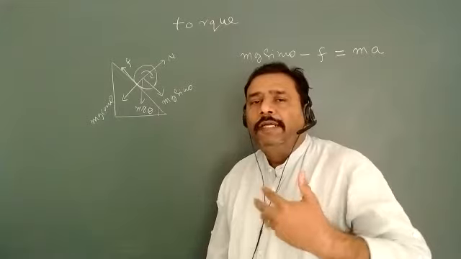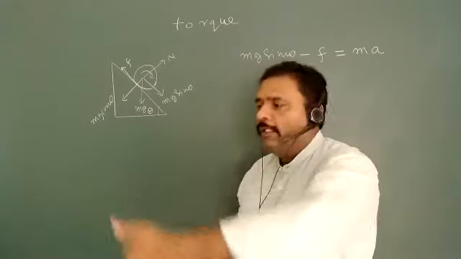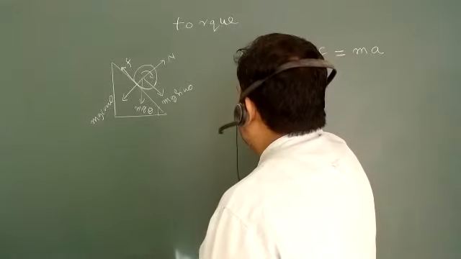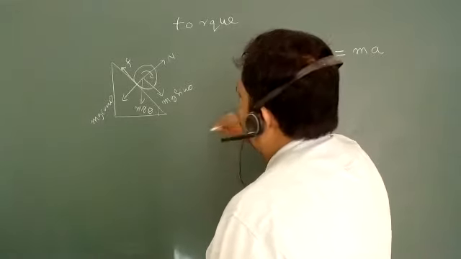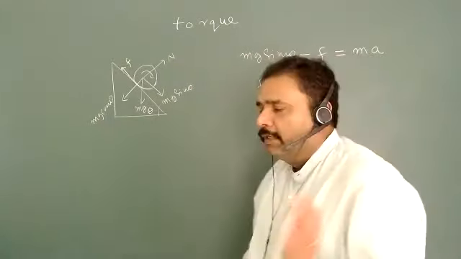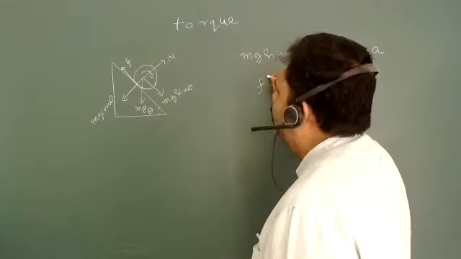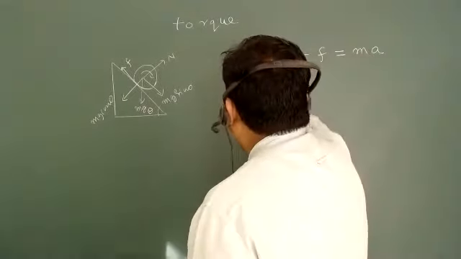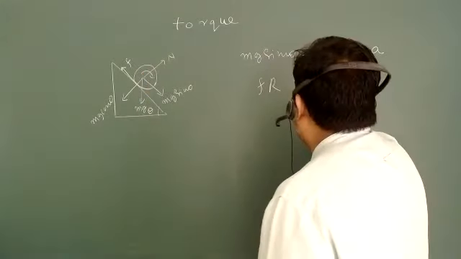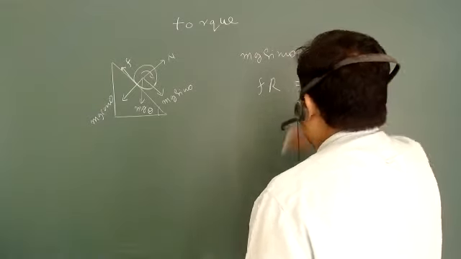Friction will provide the torque such that we can roll the system. It's a very interesting concept that friction does not always oppose the motion; here friction will produce the rolling motion. So we have f into r, taking the radius of the sphere as r, equal to I center of mass into alpha.